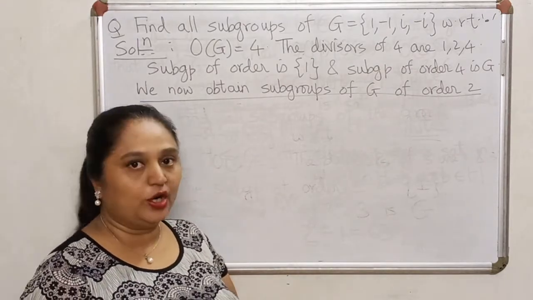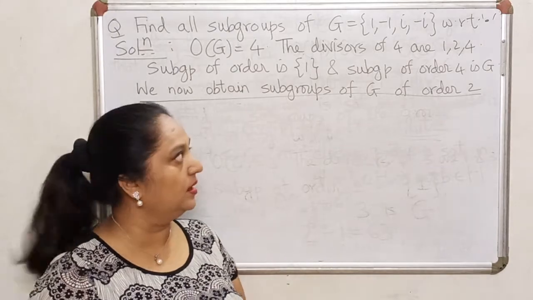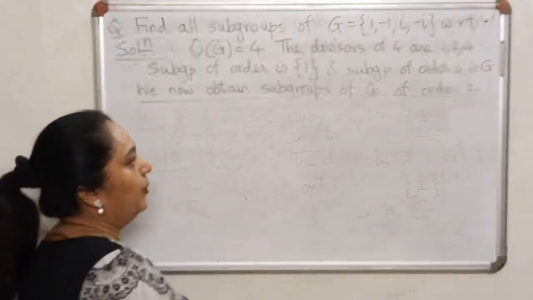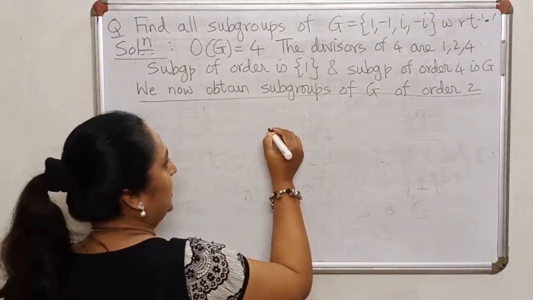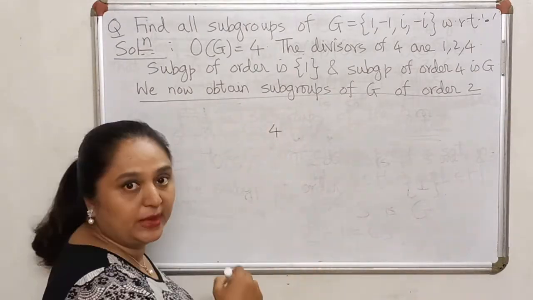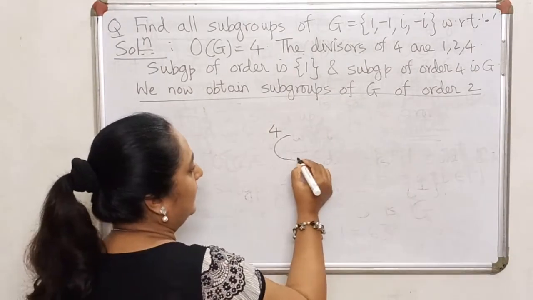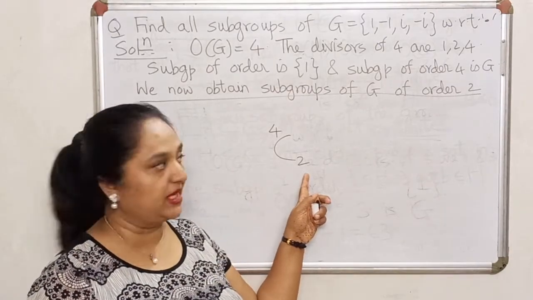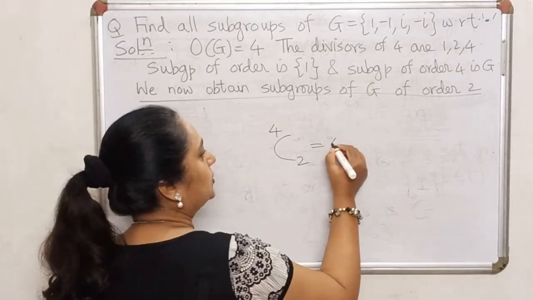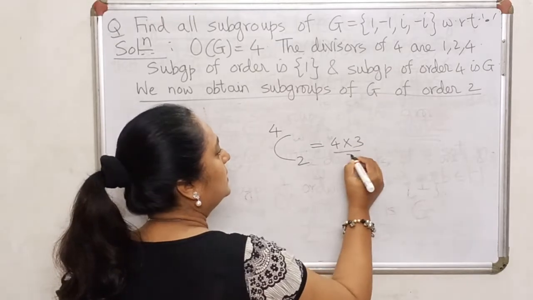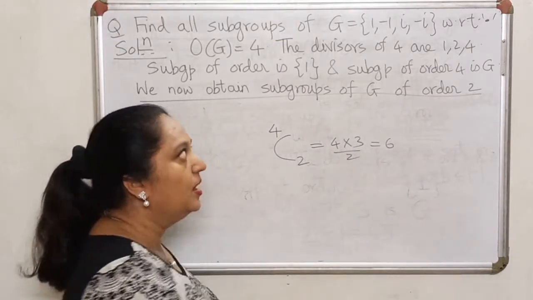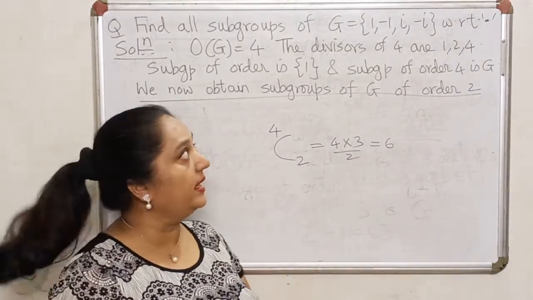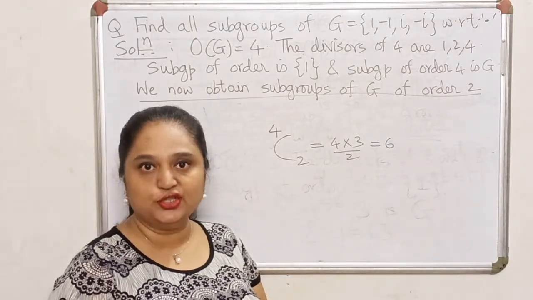Now I do not want you all to actually list all. Firstly, how many subsets will there be of size 2? We have 4 elements in the set and at any one stage we wish to choose 2 elements for our subset. So if you do the calculations, it's going to be 6 subsets. So this set has 6 subsets of size 2.